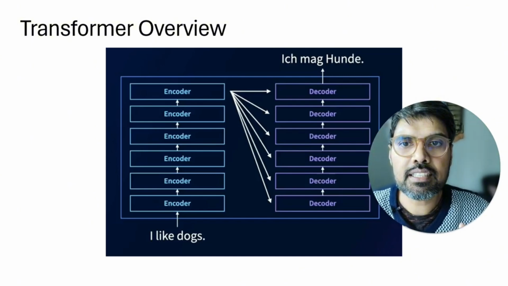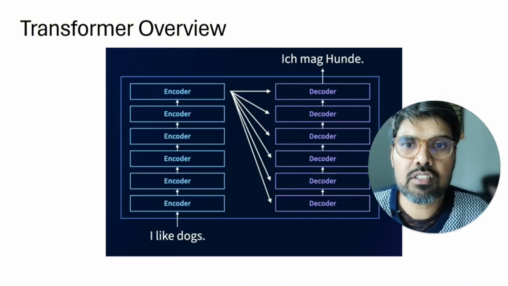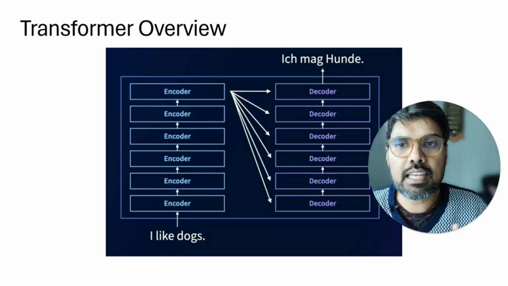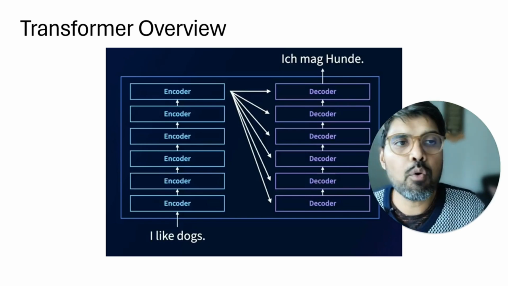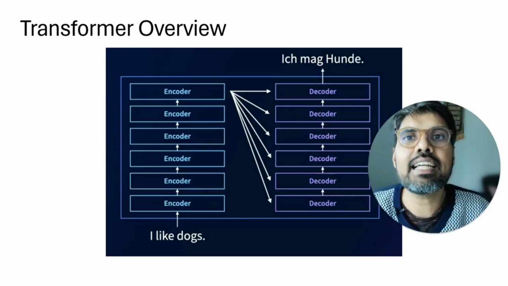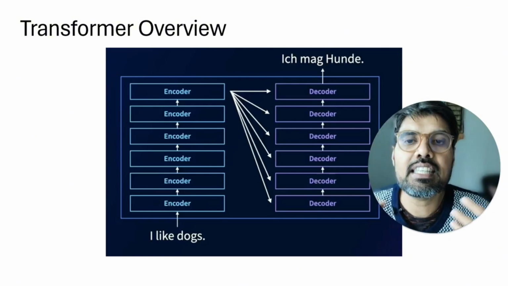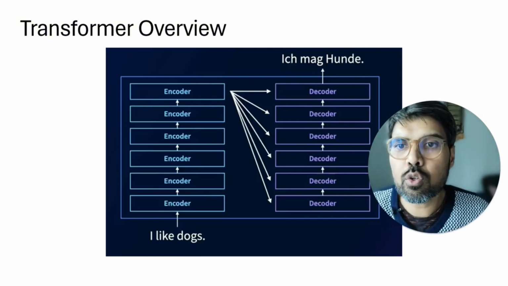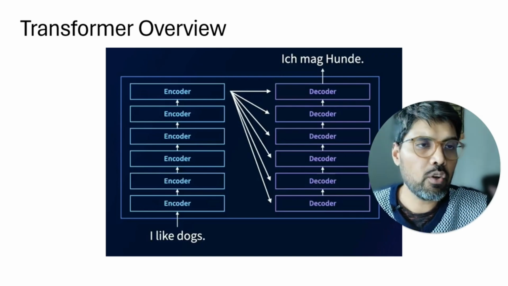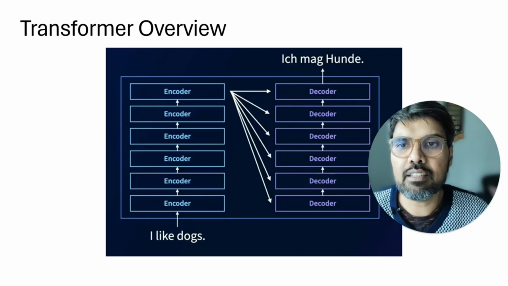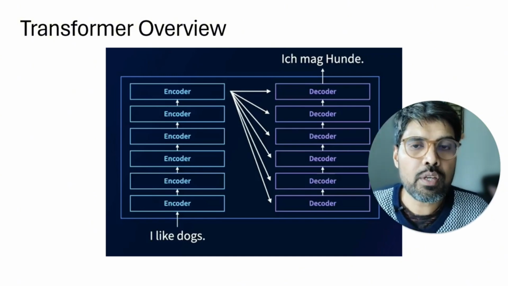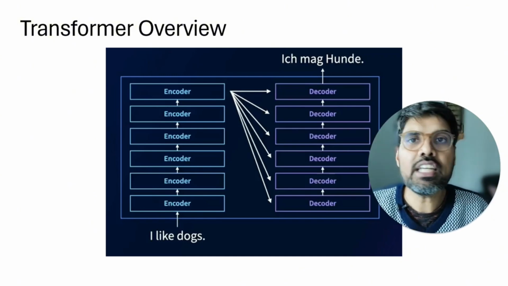By passing the data through these successive encoder layers, the model is able to capture a deeper and more complex understanding of the language semantics, and this is then fed to the decoder layers on the right side of the diagram. The encoder and the decoder can be used independently or together depending upon the task.